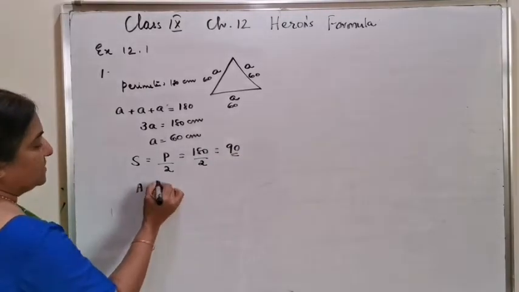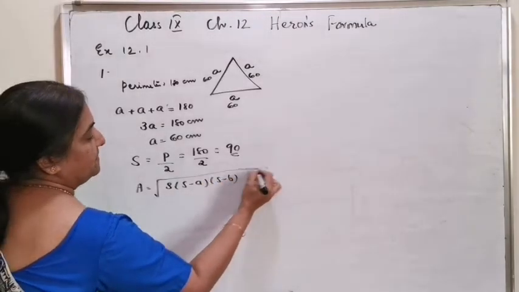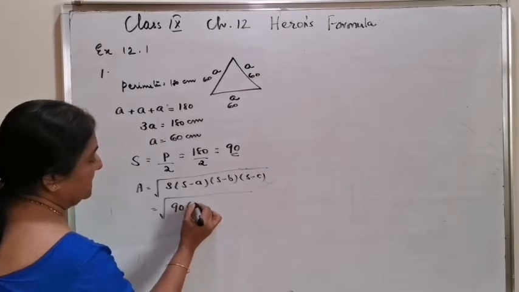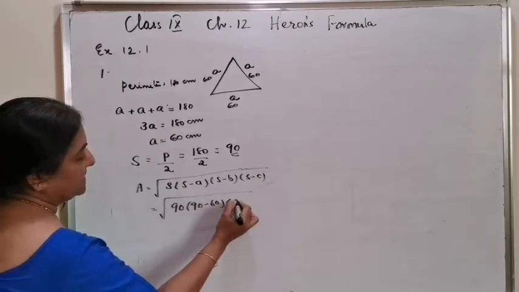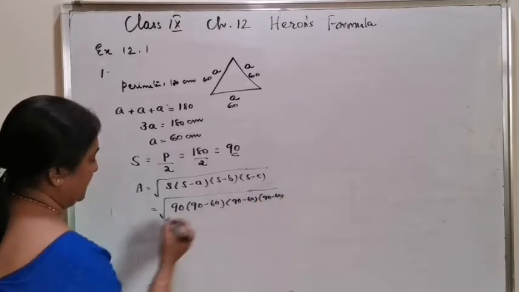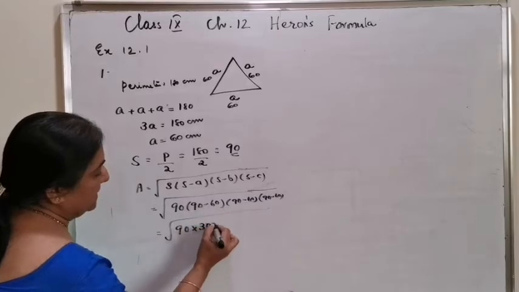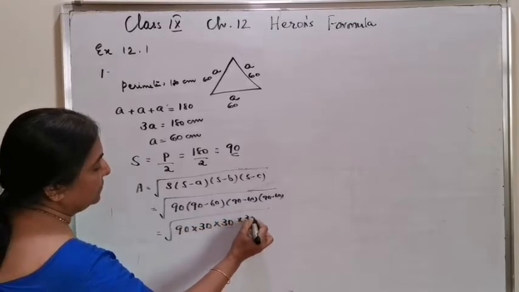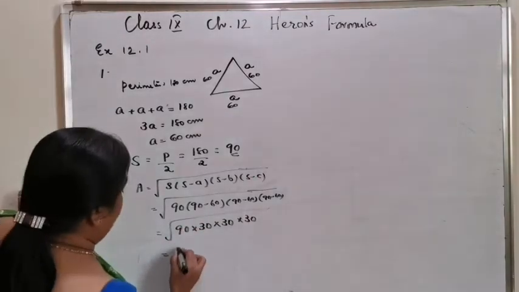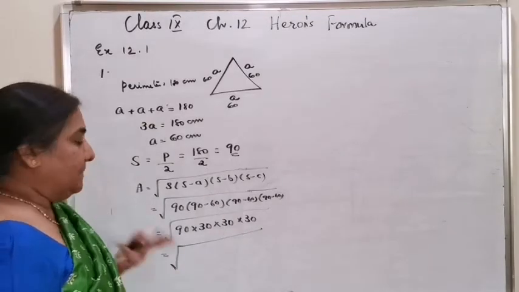Area formula is square root of S into S minus A, S minus B, S minus C, square root of 90, 90 minus 60, 90 minus 60, 90 minus 60, square root of 90 into 30 into 30 into 30. And now here, out of these three 30s, one of the 30s can come out if you want.